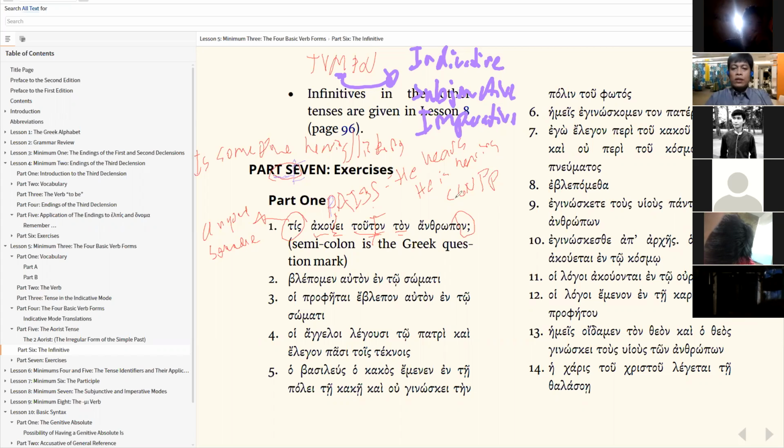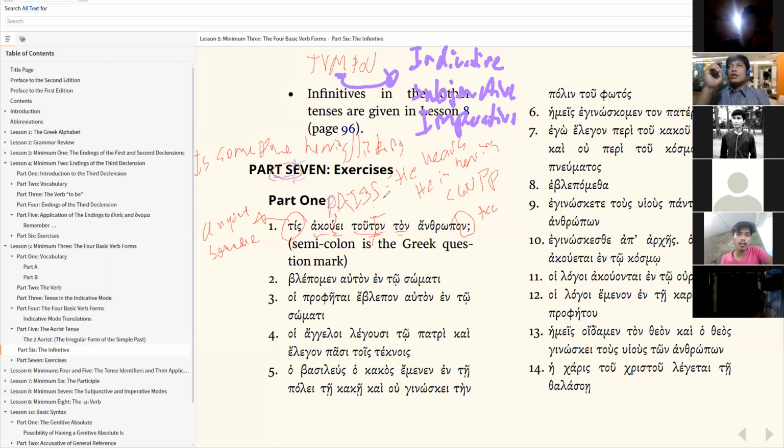What is the case of touton? Genitive? Accusative? It's accusative, Pastor. Masculine, singular.